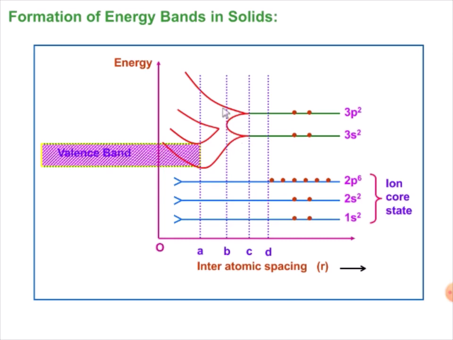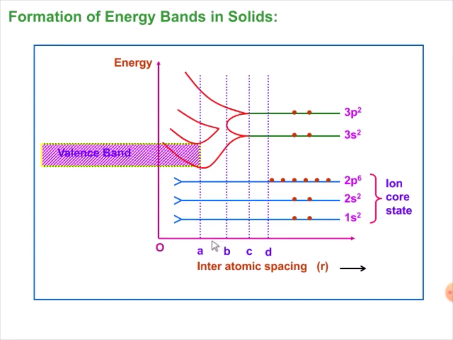Energy bands. Now next, let's see the splitting or the change in the energy levels when the atom is brought in between A and B. That means when the interatomic spacing r is greater than A but less than B, when you bring another atom a little closer, let's see.